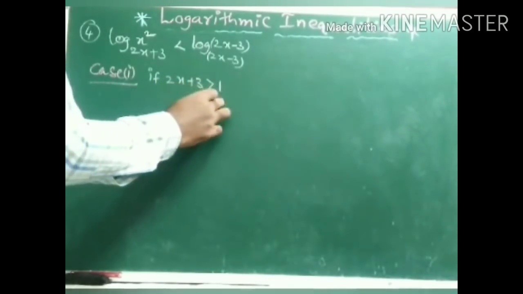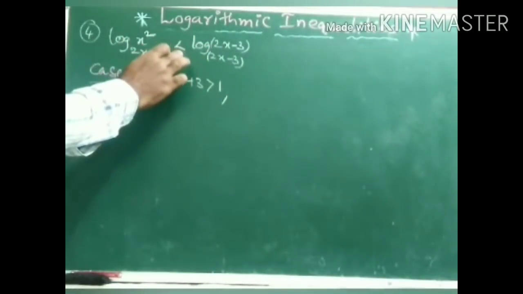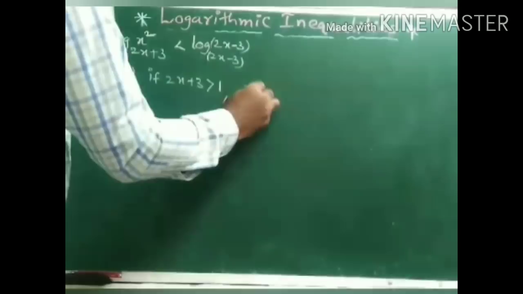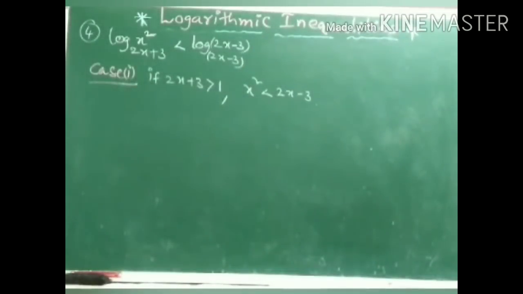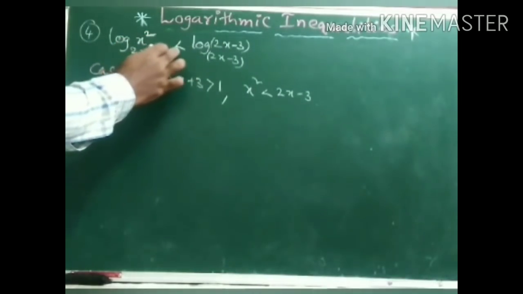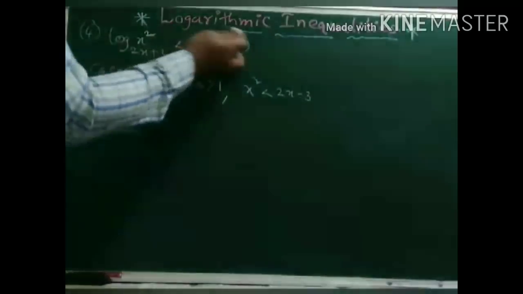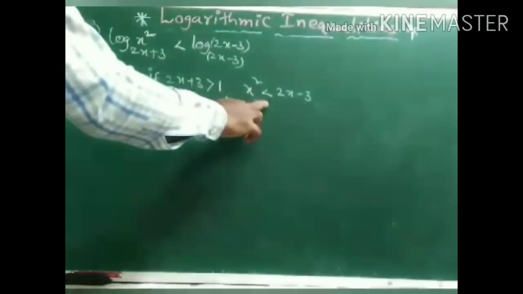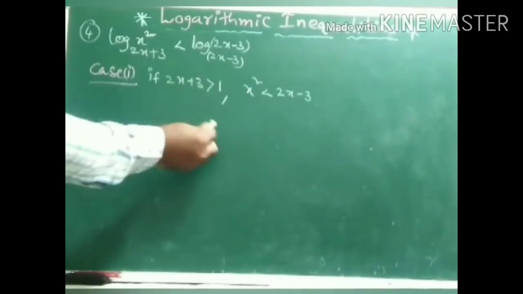If 2x plus 3 is greater than 1, then according to this the inequality does not change. I mean, x square is less than 2x minus 3. Isn't it? So log a to the base b is less than log c to the base b, then a is less than c according to the property. So let us now solve for the common solution for these two cases.